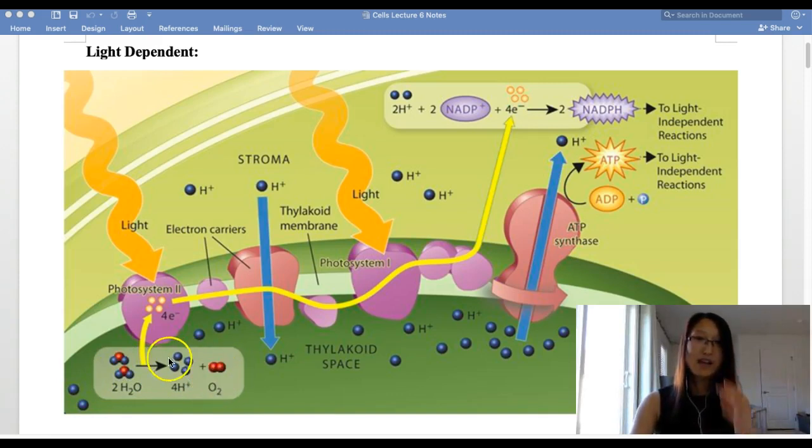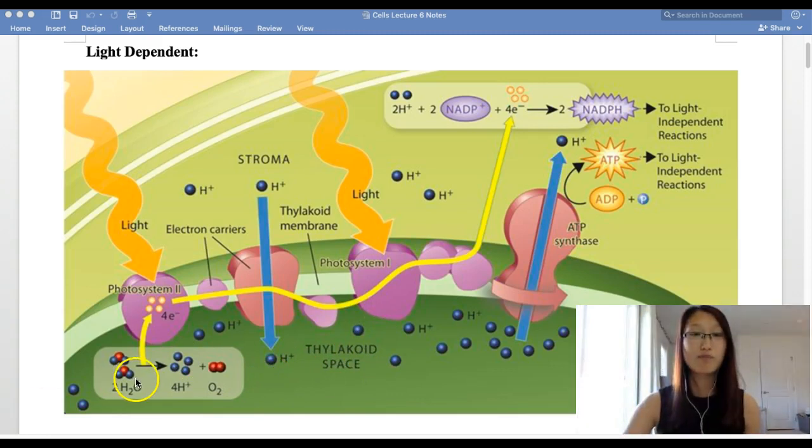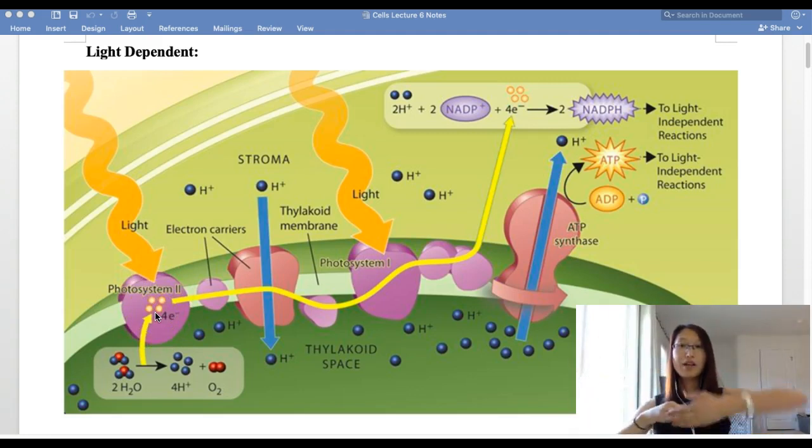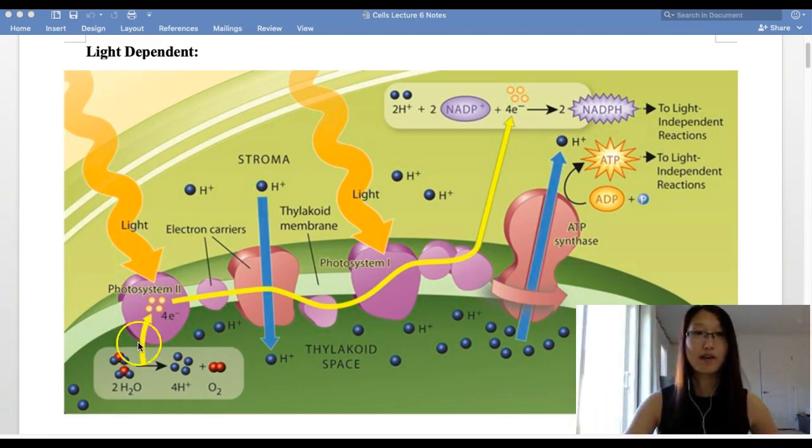There's oxygen being made, and there's hydrogen being left in the thylakoid space. But the important part about water is that it produces electrons to fulfill this loss of electrons at photosystem 2. So light comes into photosystem 2, electrons get excited, water splits, electrons come to photosystem 2. That's our first step right here.